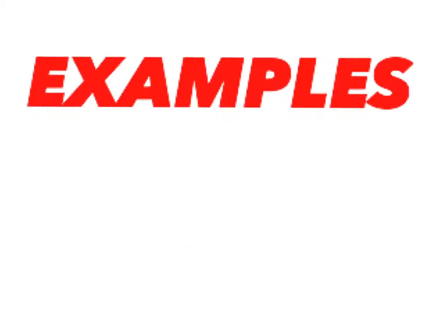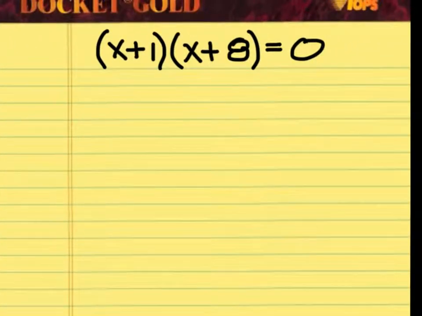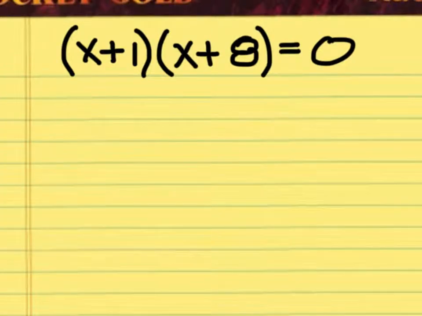Here's an example. The problem is this. Quantity of x plus 1, close the quantity, times the quantity of x plus 8, close the quantity, equal to 0. Your first move is to find the x-intercepts.